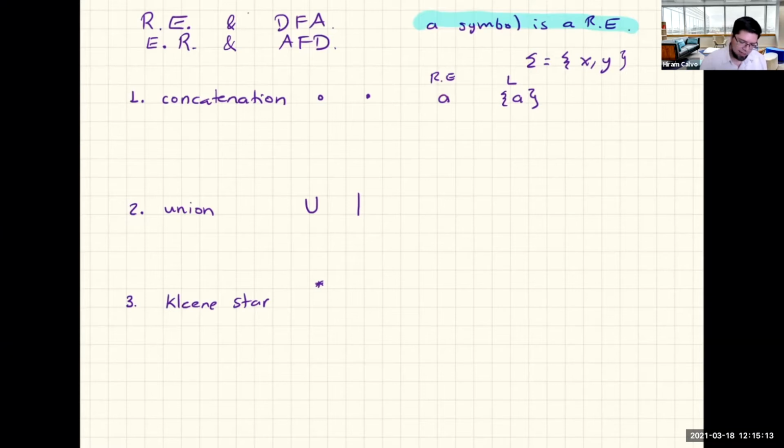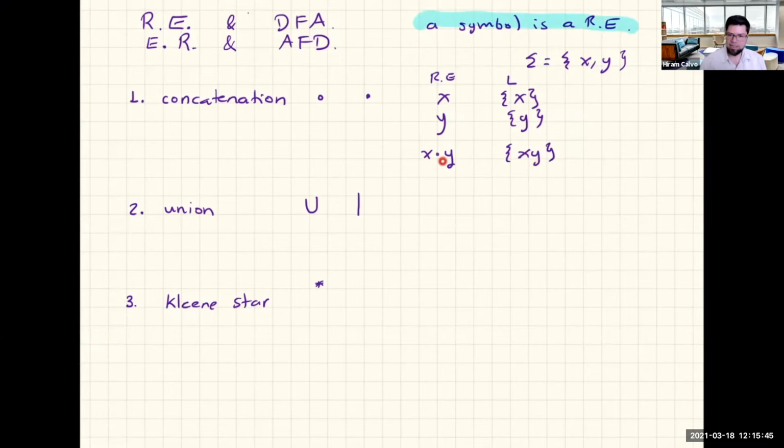So it says a symbol is a regular expression. Maybe, sorry, I'm confusing you because my symbols were X and Y. So let's put it X or Y. So this is a regular expression. Then we have that concatenation of any regular expressions is a regular expression in turn. So if I combine one regular expression with another by using concatenation, then the result will also be a regular language, like this one.